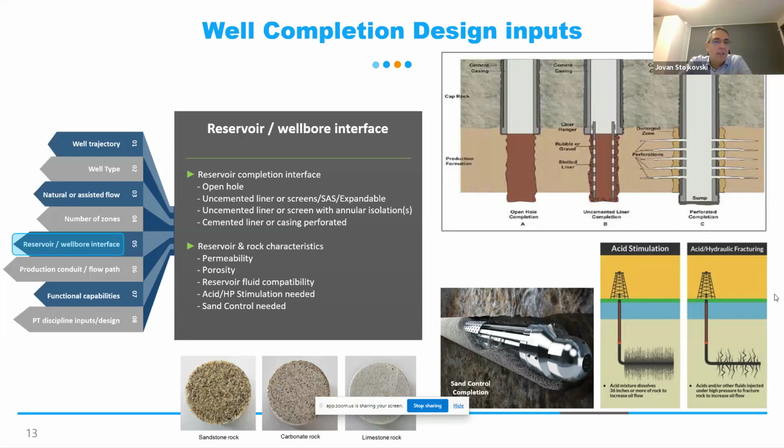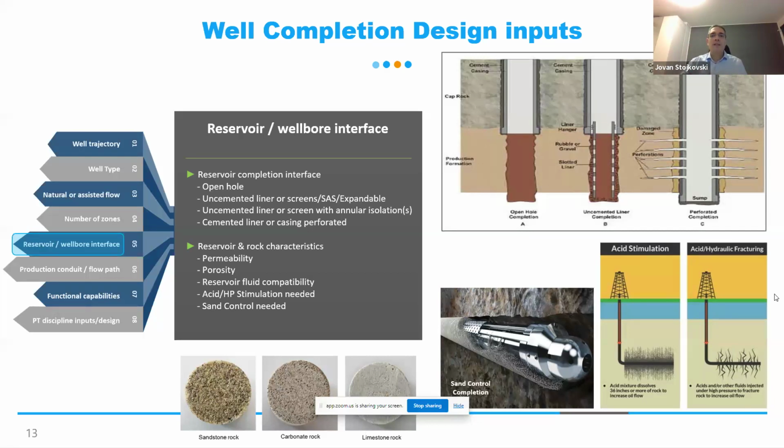Again, historically, if you have data, great. If you don't have data, and they should have something to give you, then you need to incorporate it and give all the received data, for example, to the sand control engineer to give you advice on the best solution for this kind of rock.